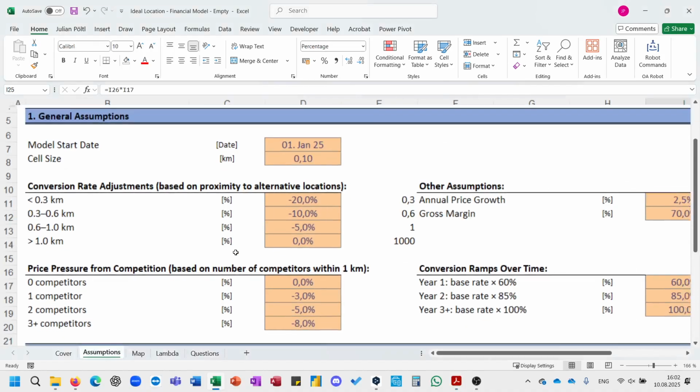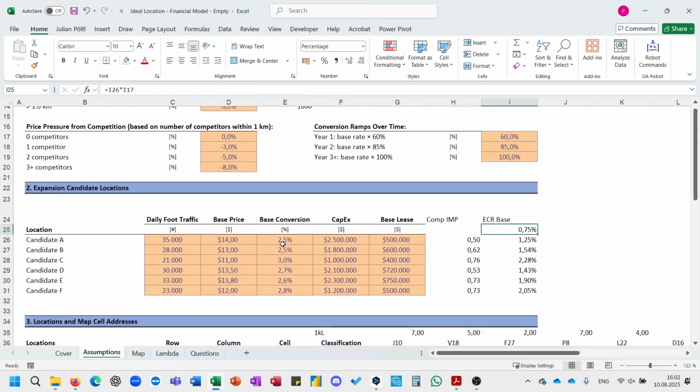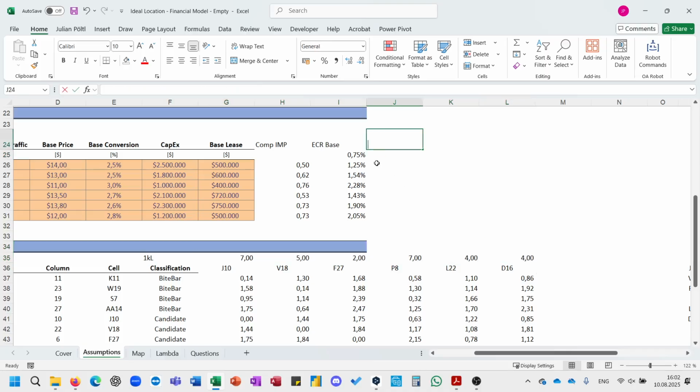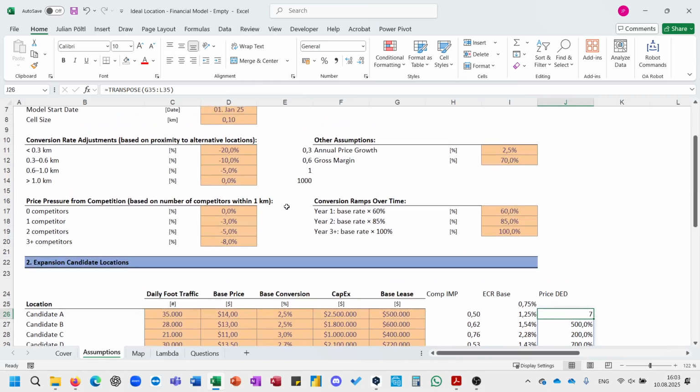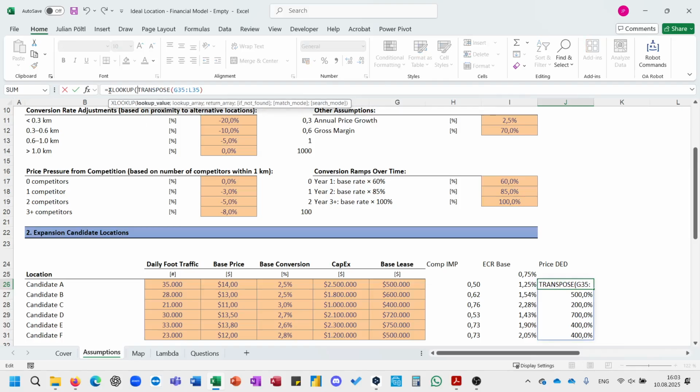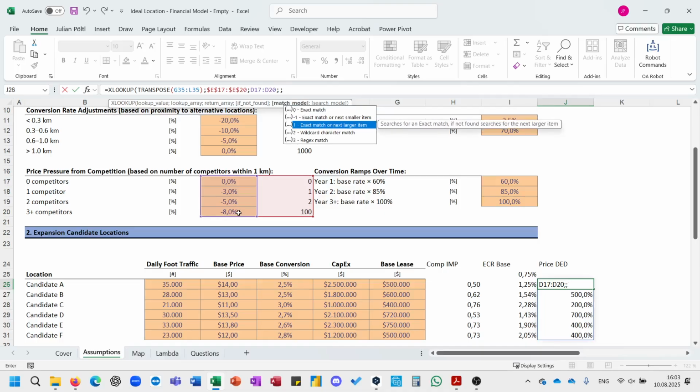So we take a look at how many competitors are within a range of 8 kilometers. We know this. We transpose this, of course in the right direction, and then we know 0, 1 to 100, and then we do an XLOOKUP for this in here, returning this using match mode exact match or next larger item.